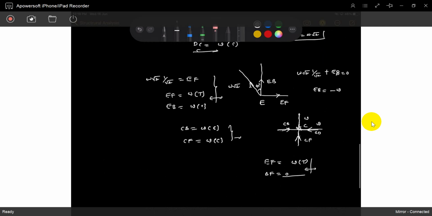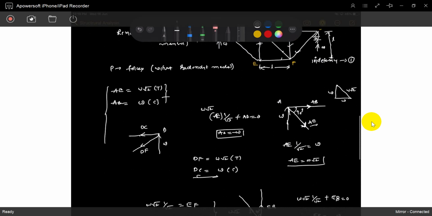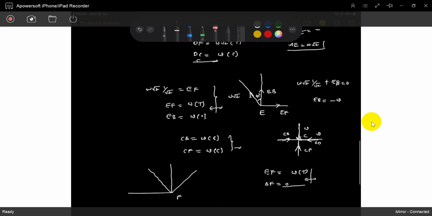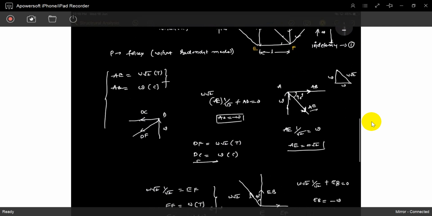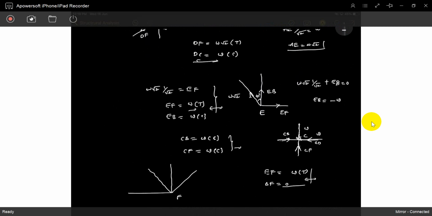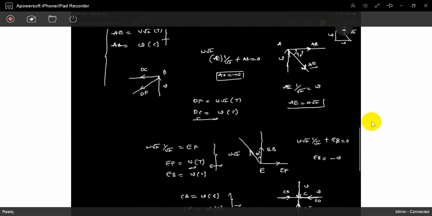Joint F. So EF is what? This is EF, tension. And DF is what?